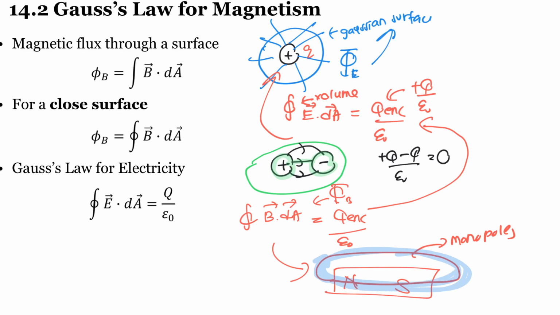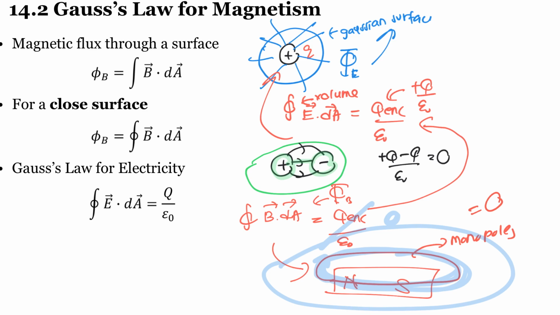Which means that the flux here is equal to 0, because we can assume north is positive and south is negative. So when you put it inside the Gaussian surface, you are going to get 0, because the magnetic field is always continuous, always in a closed loop.